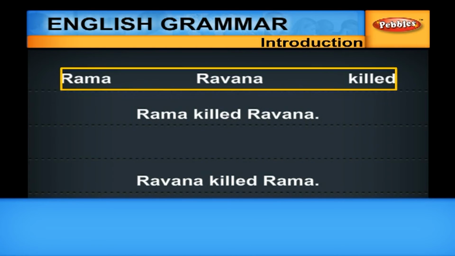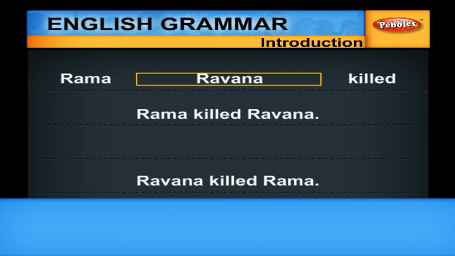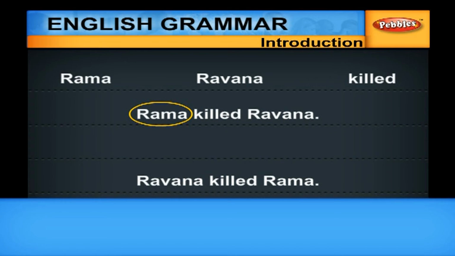It is because of the ordering of the words. When you say Rama killed Ravana, Rama becomes the doer, the killer, and the killed is Ravana. In the second sentence, when you say Ravana killed Rama, Ravana becomes the subject, the killer, and Rama becomes the killed. The change comes about because the ordering is different.